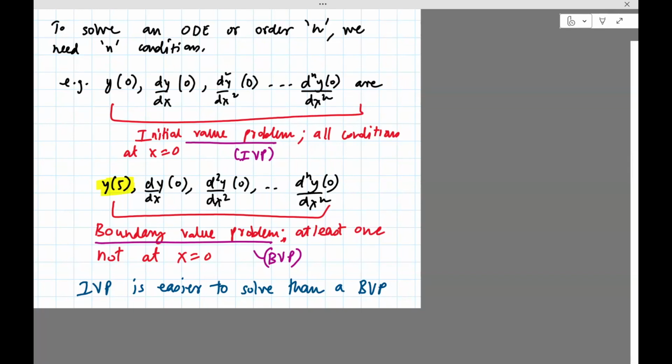So many times the BVP will involve solving an IVP multiple times. You'll assume a guess for y0 for the BVP, integrate ahead in time, and see if you get the desired y(5) value. If not, you'll try again, and you keep doing that till you get the right value. And there are smart ways to do that, using root finding, something we've learned in the past. So those are harder to solve.